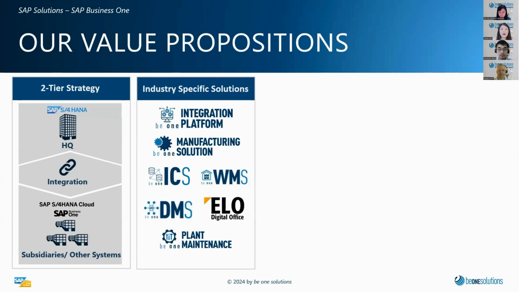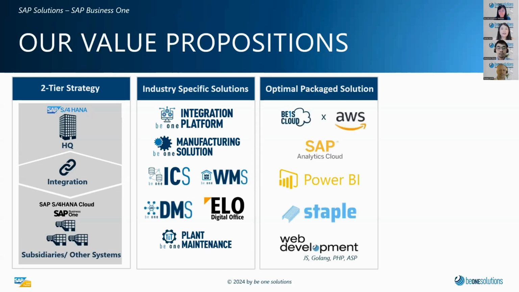We offer our industry-specific solutions, including solutions for the manufacturing industry, intercompany solutions, warehouse management solution, etc. This is to cater to the unique needs of the different industries and requirements. We also offer an optimal package solution, leveraging platforms like AWS, Amazon Web Services for cloud hosting, SAP Analytics Cloud, Power BI, and more, ensuring you have the best tools to meet your business goals and growth.